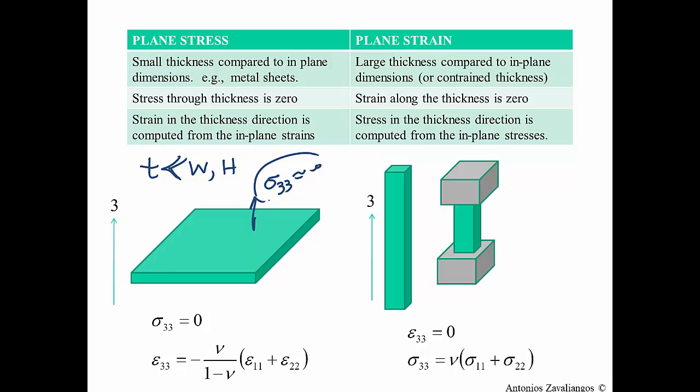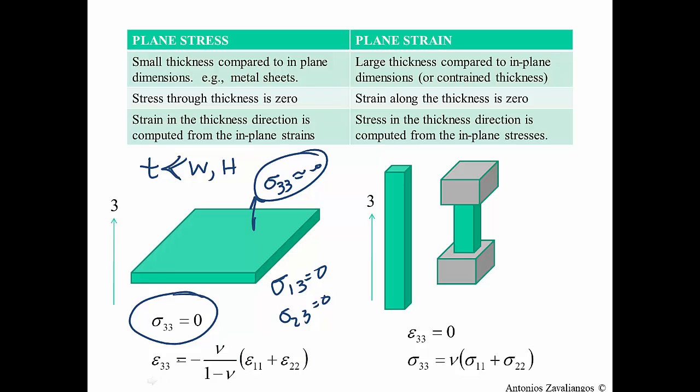Not only this stress, but also any other stress, like the shear stresses that include the third direction. So that is the condition for plane stress. And practically speaking, the strain in this direction is not 0, it's the stress that is 0.